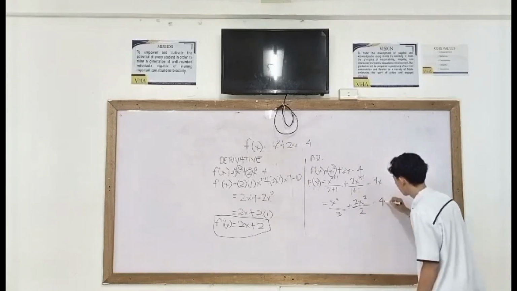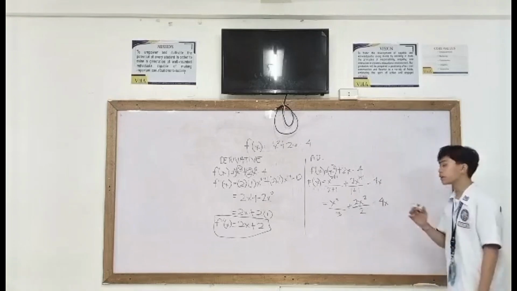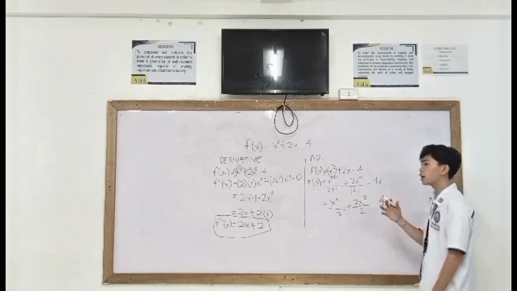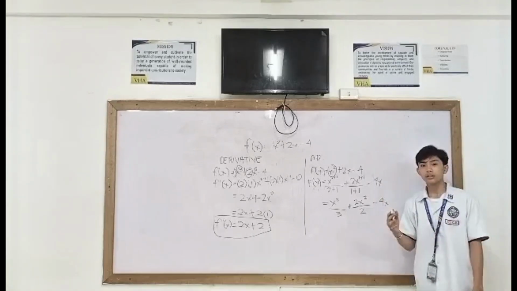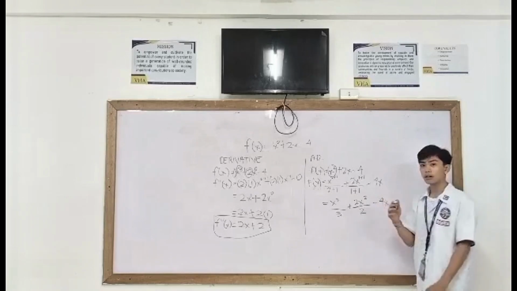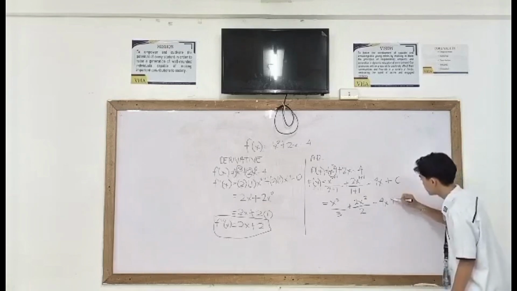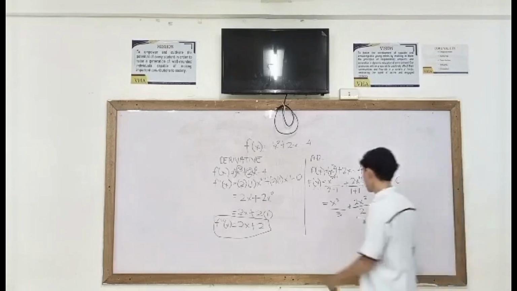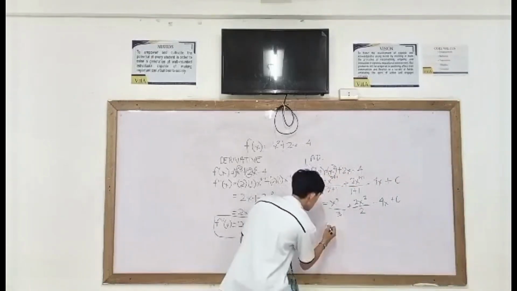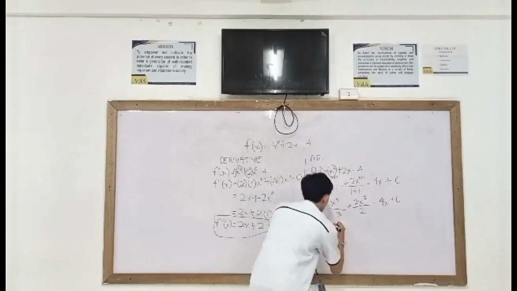Minus 4x. Oh, I forgot. In the antiderivative, there is something called the constant of integration, which is the symbol plus c. So simplify this. X cubed over 3.